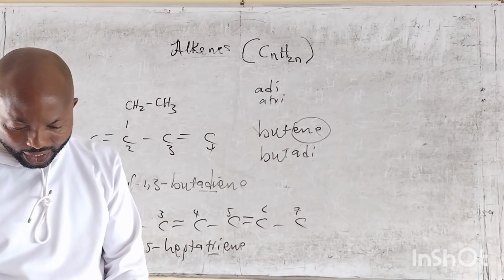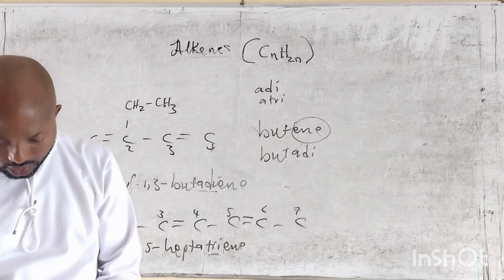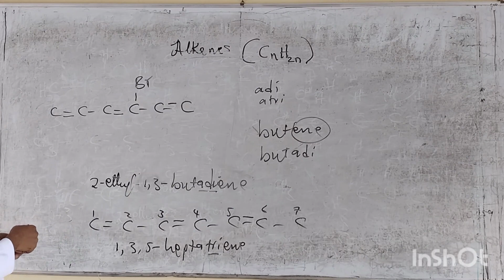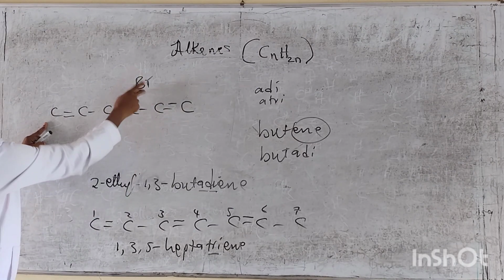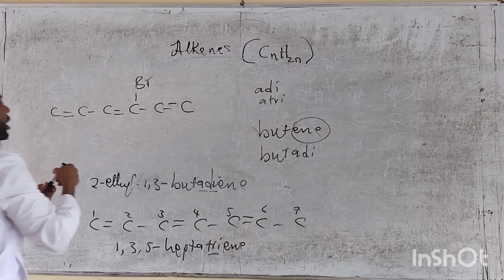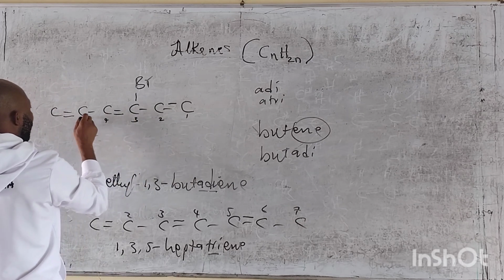Okay, let's take another interesting one I'm seeing here. It's nice. Because the bromine is on this side, the numbering preference comes from here. So I now have this as 1, 2, 3, 4, 5, and 6.